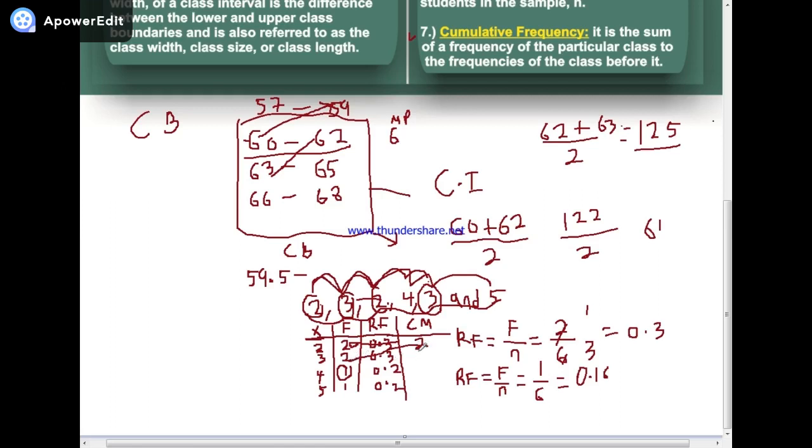So the next number will be 4. Are you getting it? Now, you add this 4 to the next number of the frequency, which is 1. 4 plus 1 is 5, and also add it to another number here, 5 plus 1, which is 6.